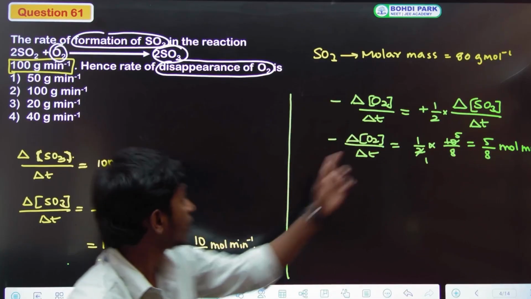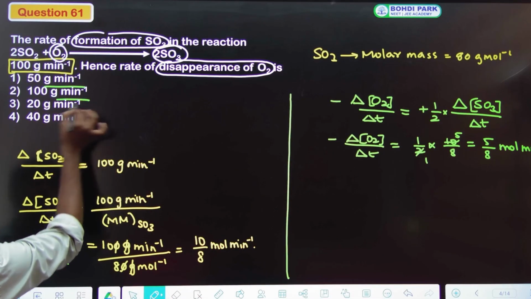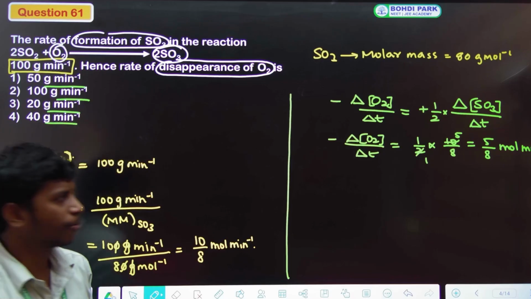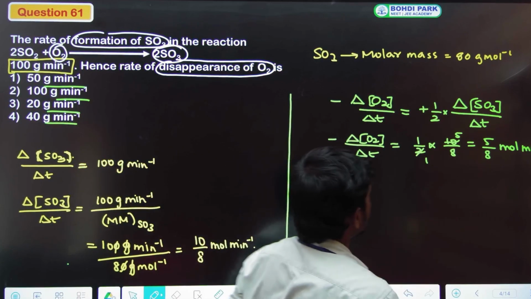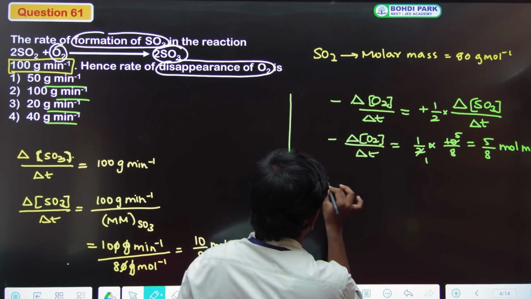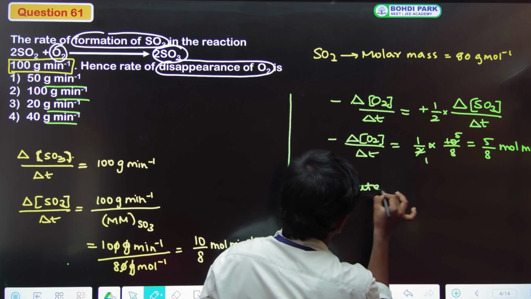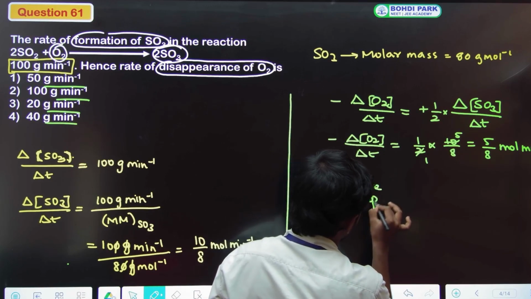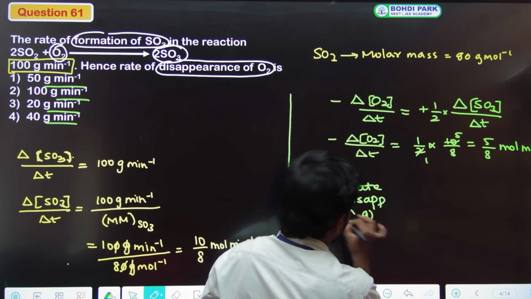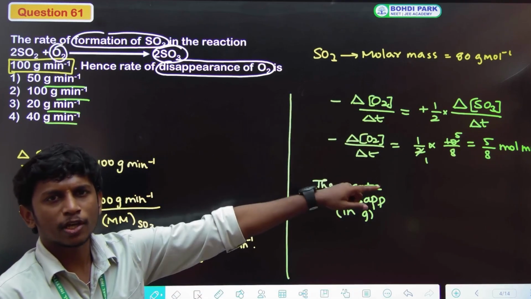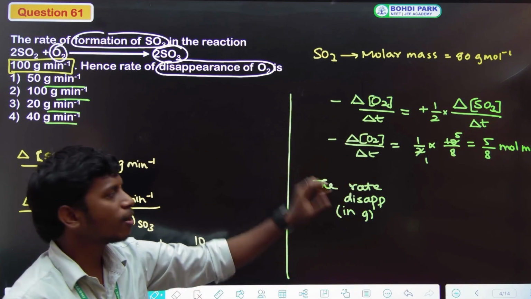But in what unit is the answer asked? It was asked in gram per minute. So how to convert mole into gram? The rate of disappearance in gram: to convert mole into gram, we have to multiply with the molecular mass.